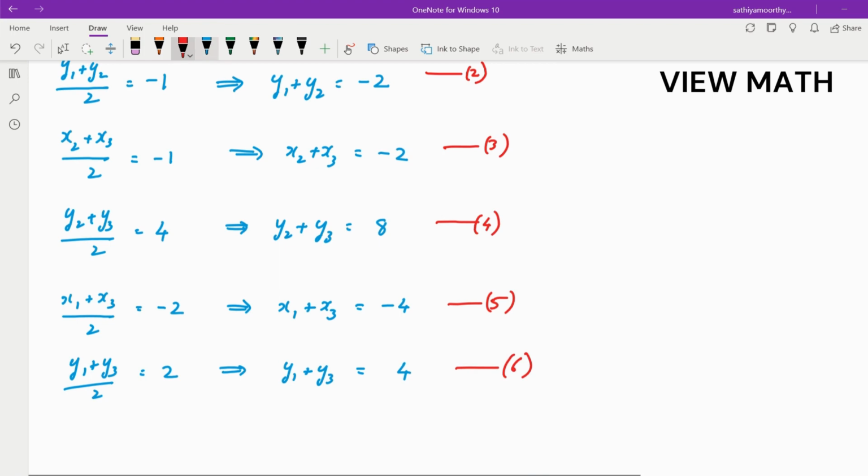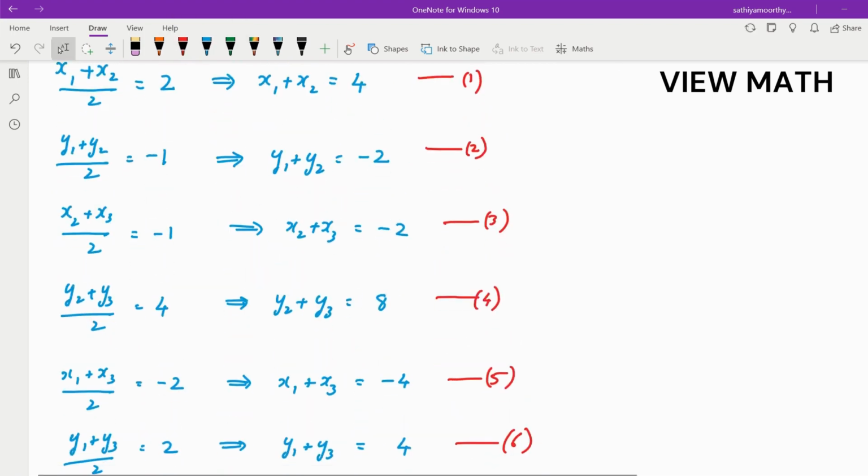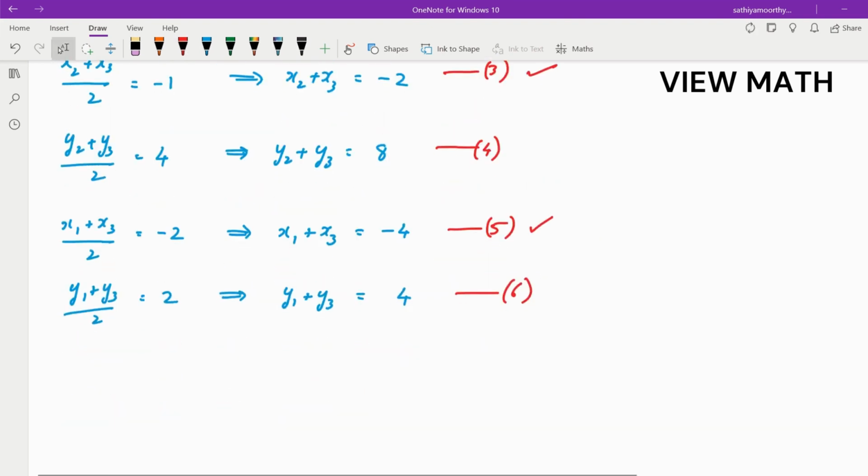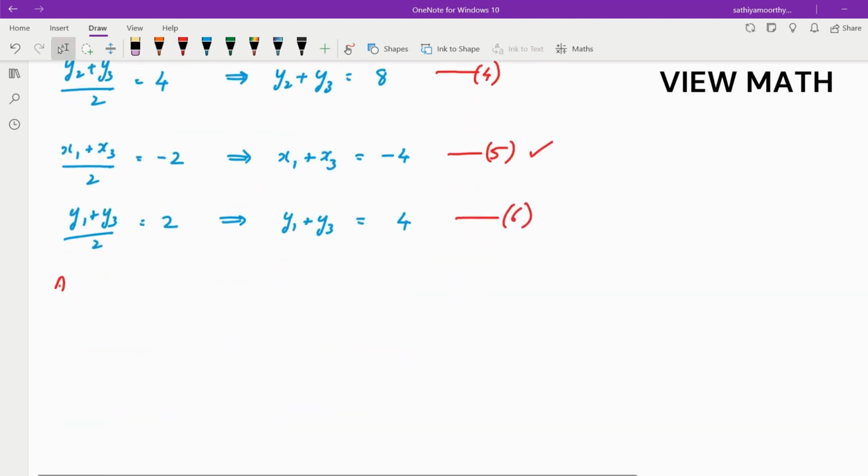You can simplify these six equations to find out x1, x2, x3, y1, y2 and y3. You can use any method to simplify these equations. So in this, let me use one method. I'm going to take the first, third and fifth equations, where the x coordinates alone are involved. I'm going to add equations 1, 3 and 5.